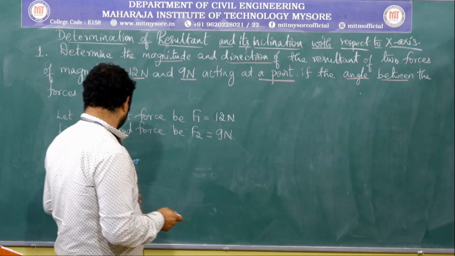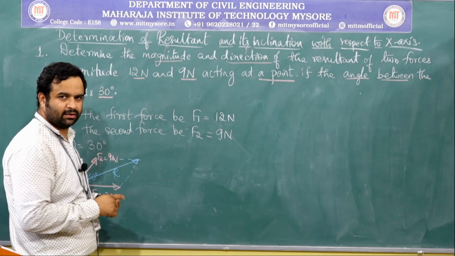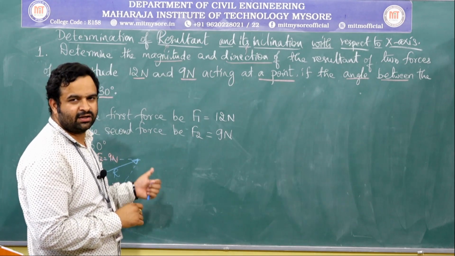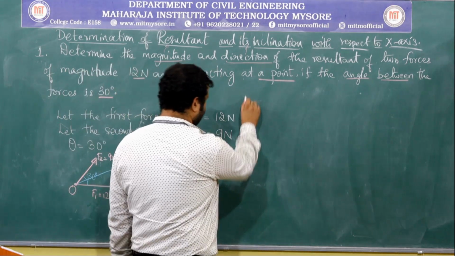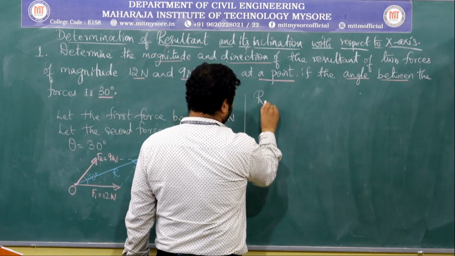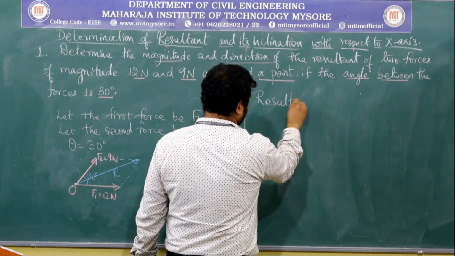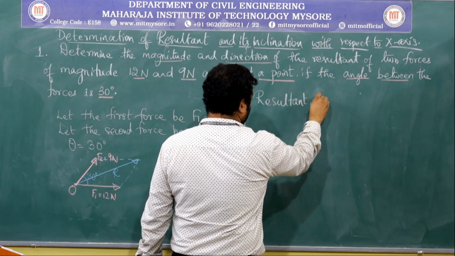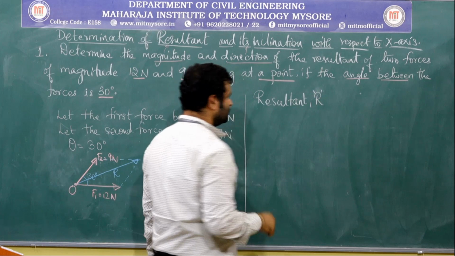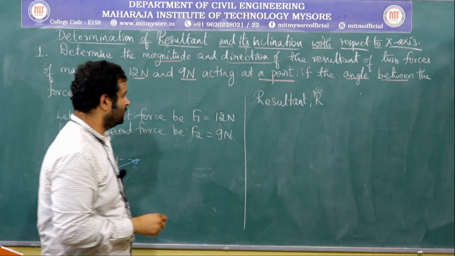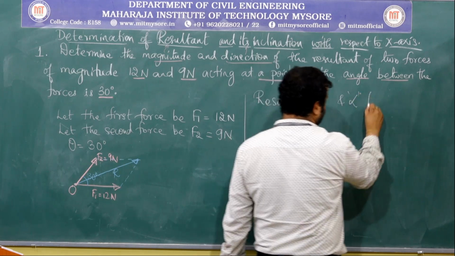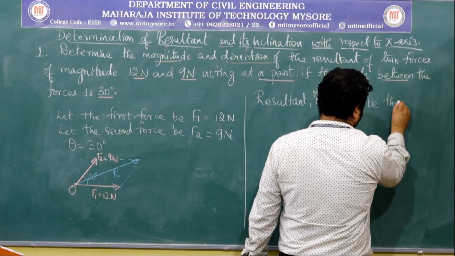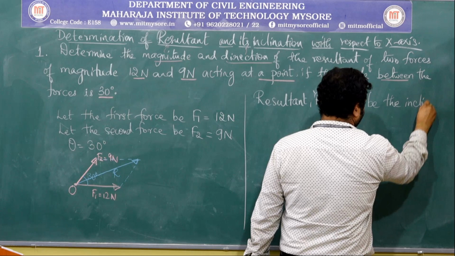Okay. So, now since this completes a parallelogram, I can directly write the formula of the resultant. So, here let the resultant be R and alpha be the inclination.